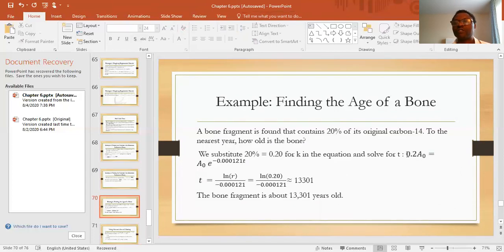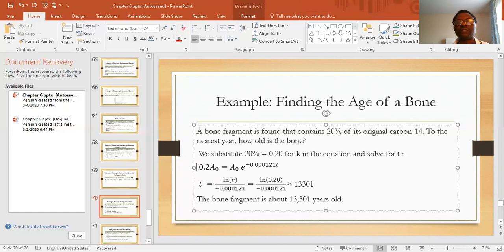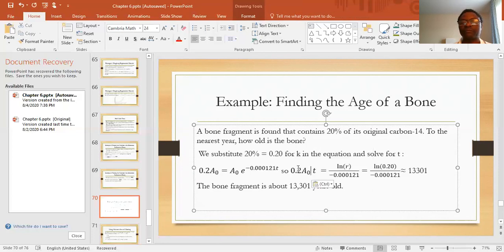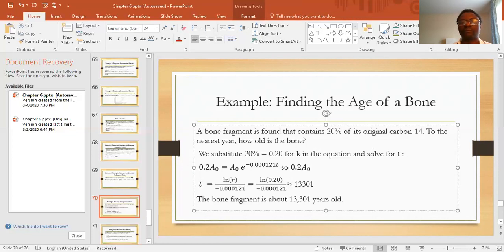So we want to solve this equation for t. That will mean we can take away A0, and we are left with 0.2.